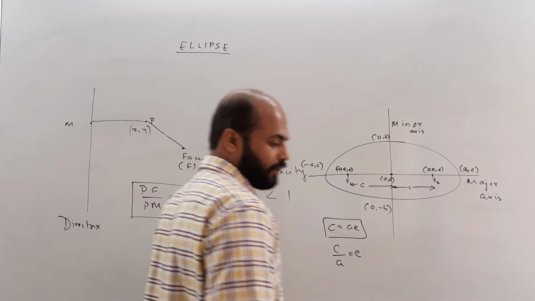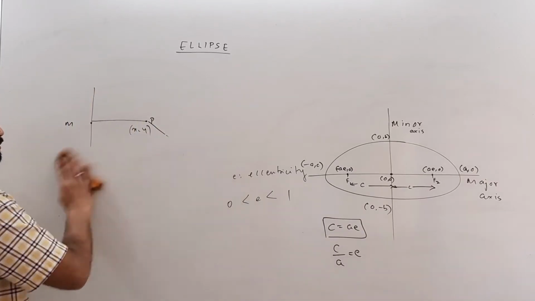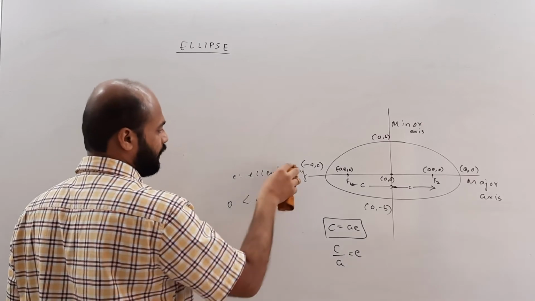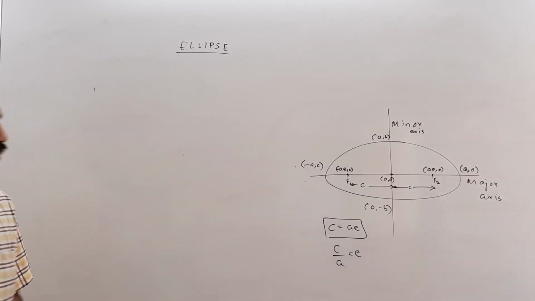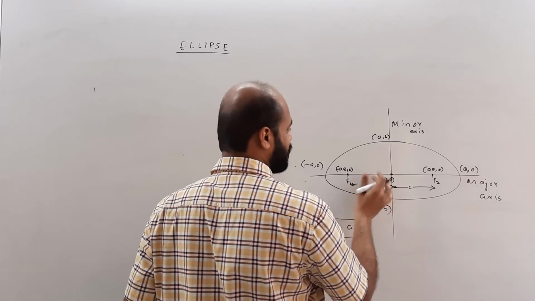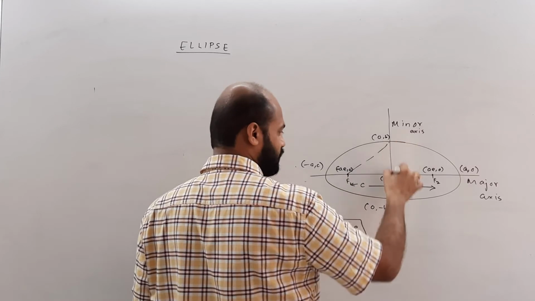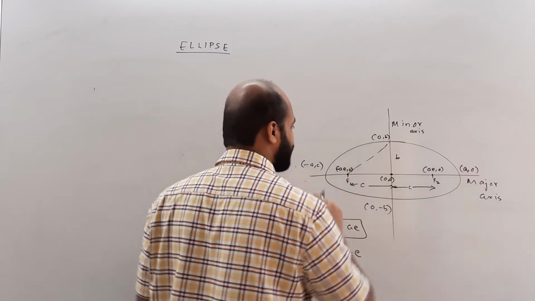Now we will try and find a relation between c, b and a. Here you can clearly see that this distance is c. This distance I already know, which is b. So this is c, this is b, and this distance we can find.